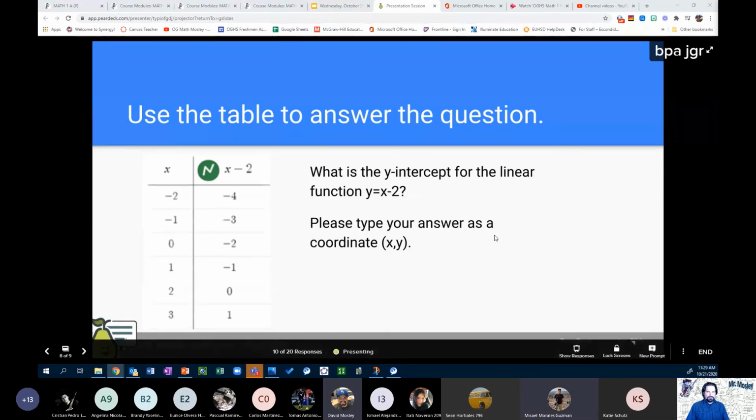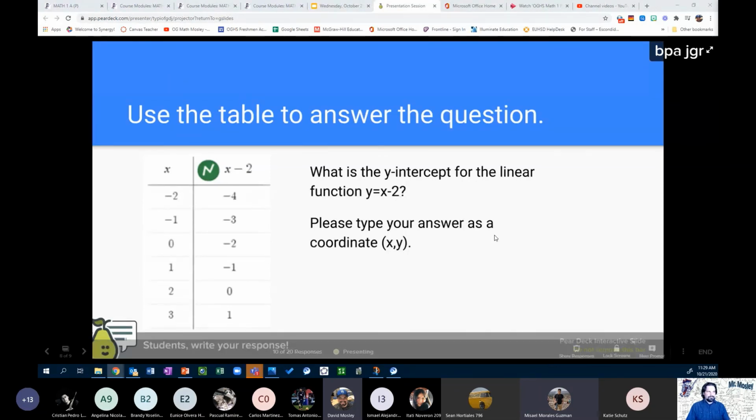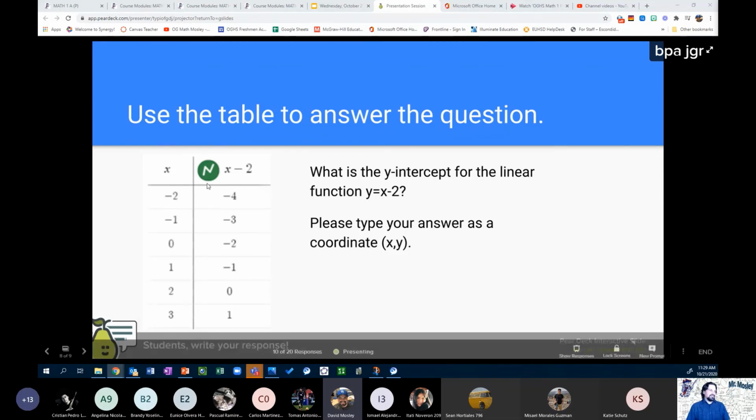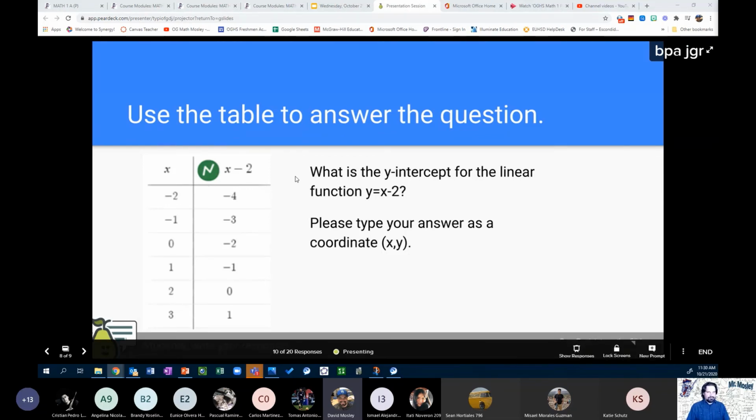So, Mr. Mosley, I was looking at the table and I was trying to figure out what y equals in the table, and I saw that x minus 2 would be y. Yes. I pulled the table off of Desmos, and it doesn't just say x, y.